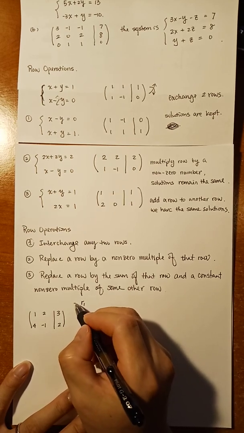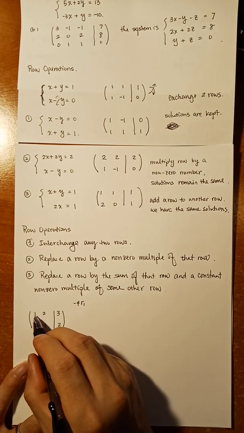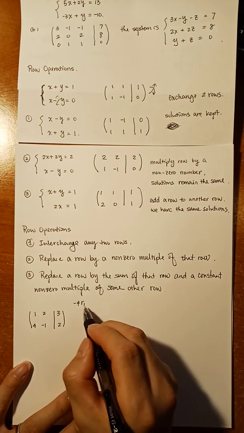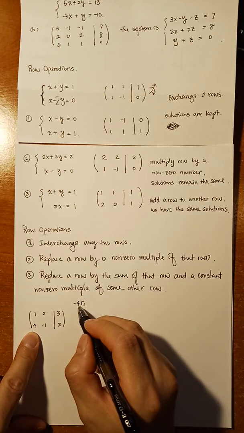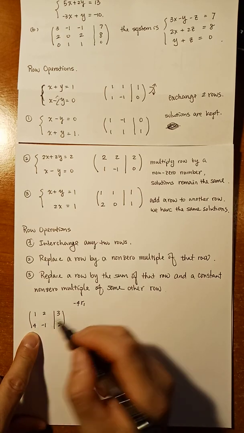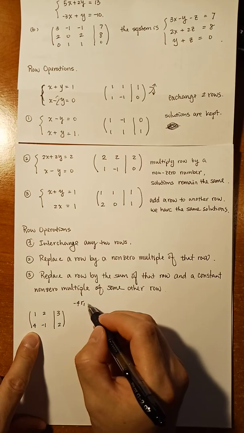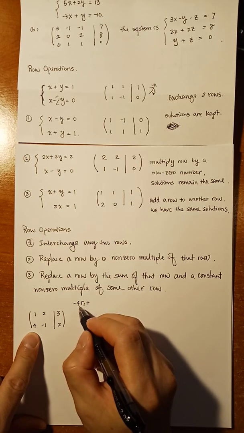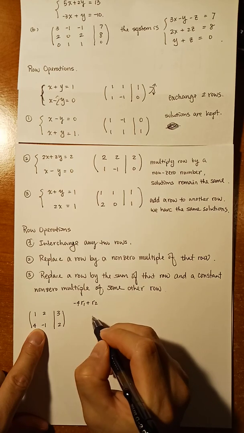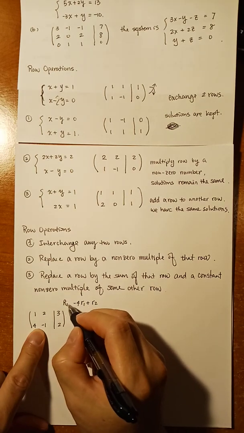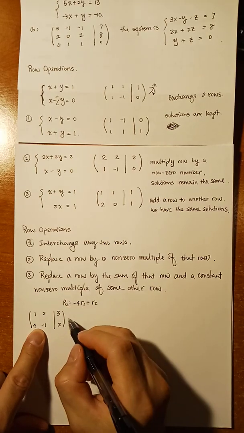We multiply it by -4, so this 1 becomes -4, and we add it to the second row. -4 plus 4 is 0, so it cancels. We multiply row 1 by -4 and add it to row 2, and the result becomes the new row 2.